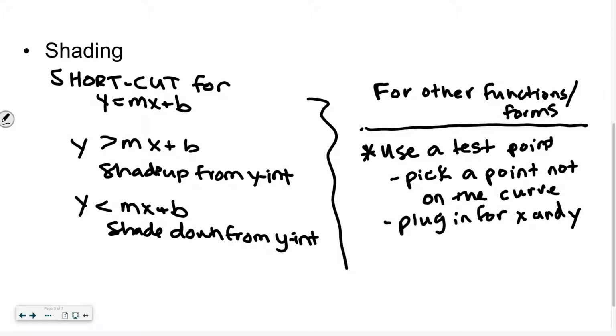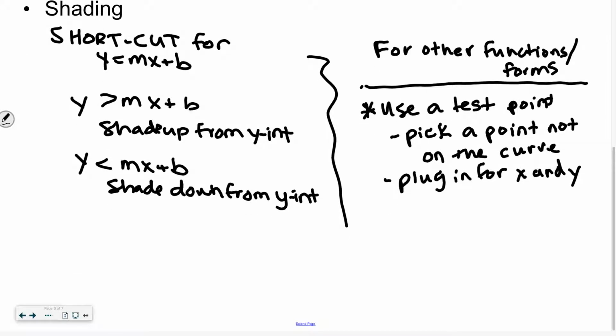And then after you plug in for x and y, one of two things will happen as you look at your inequality. Your inequality will either be true or false. Where you shade depends on whether that point was true or false.